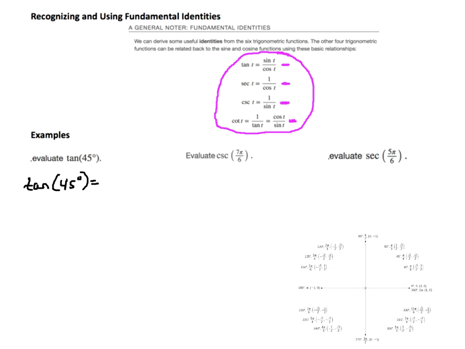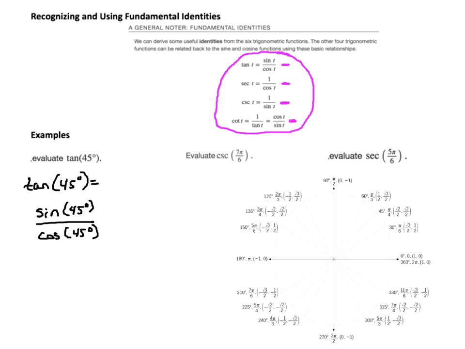So the tangent of 45 degrees is the same exact thing as the sine of 45 degrees divided by the cosine of 45 degrees. Now I have a really tiny unit circle down at the bottom.